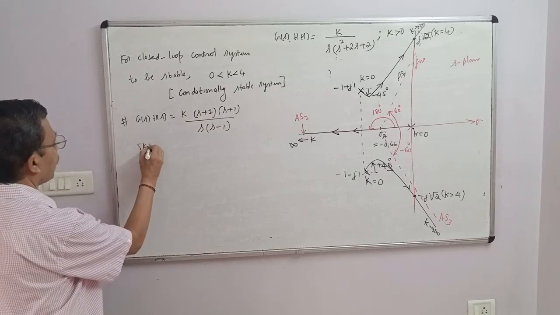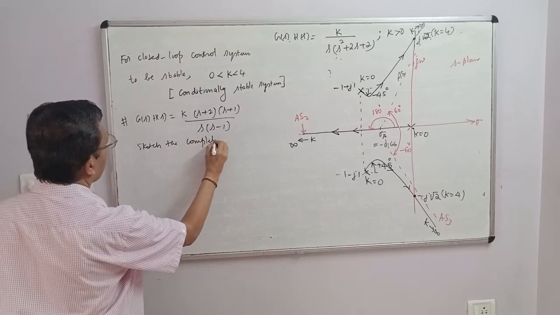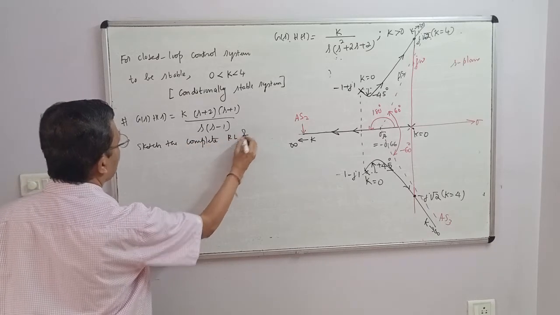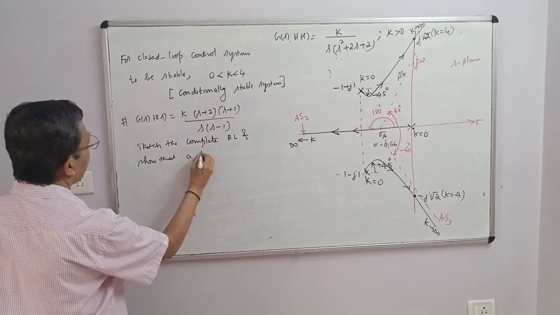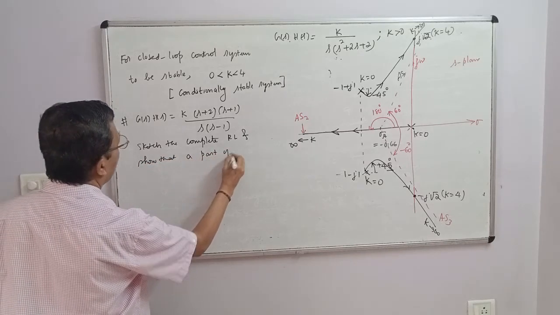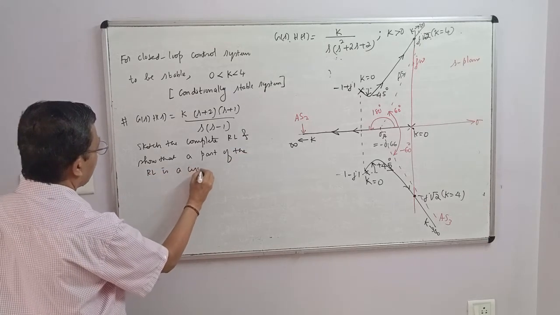Sketch the complete root locus and show that a part of the root locus is a circle.